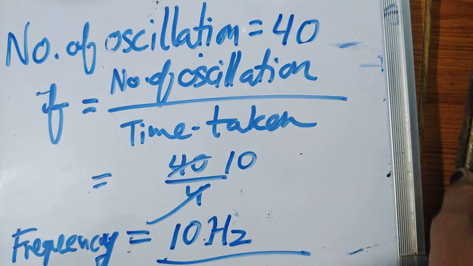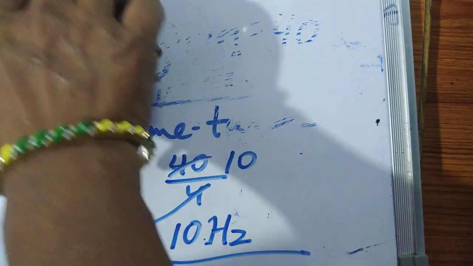Got it? Now we will start with question number 6. Question number 6 has asked that a mosquito vibrates 500 times to produce a sound. What is the time period?